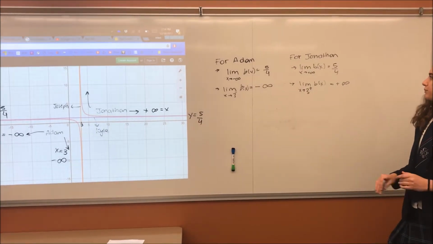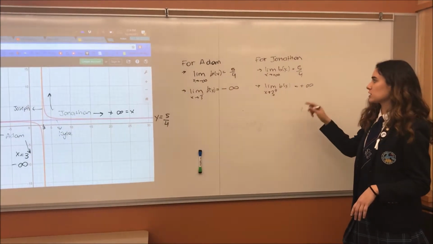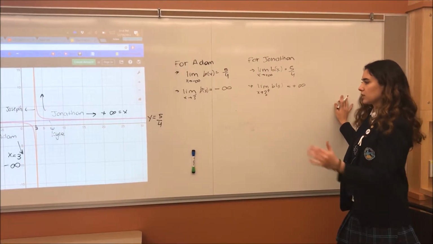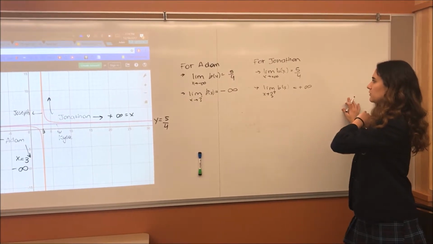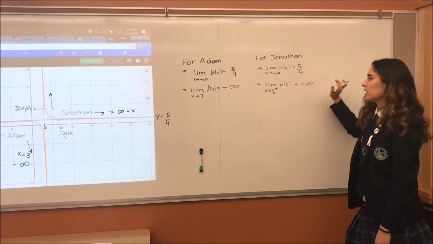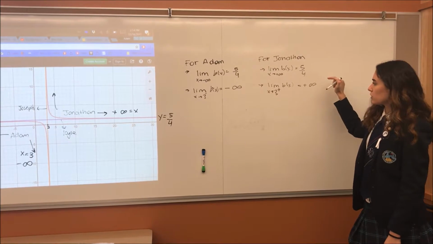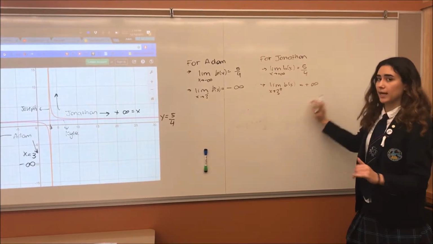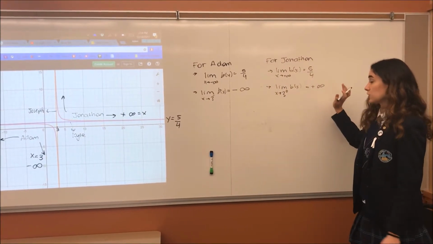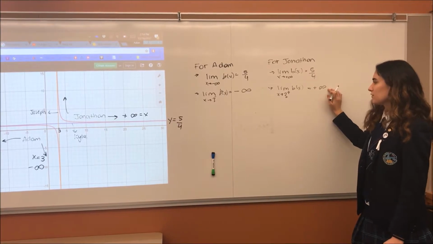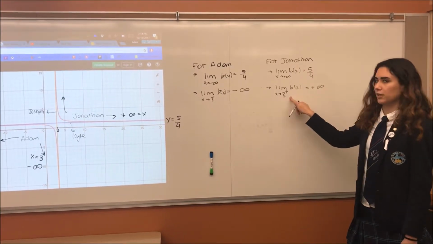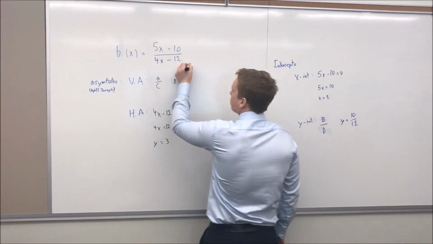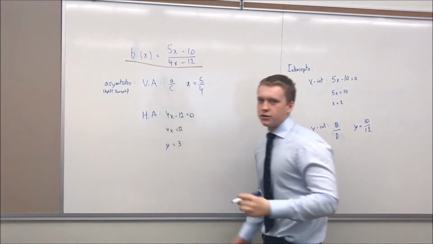And for Jonathan, as he's going towards positive infinity, he's never going to reach 5/4, and then as he's going towards 3 from the right, he will go towards positive infinity, but he's never going to reach 3.